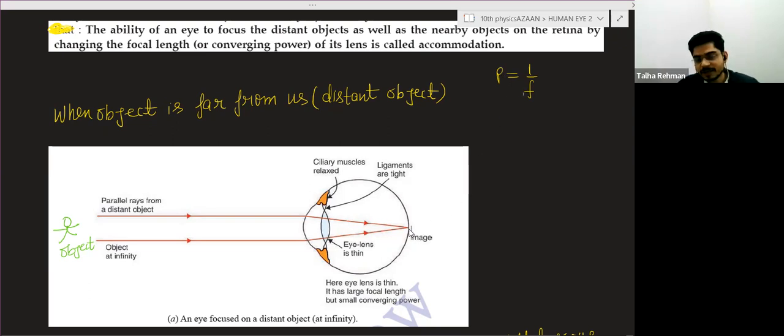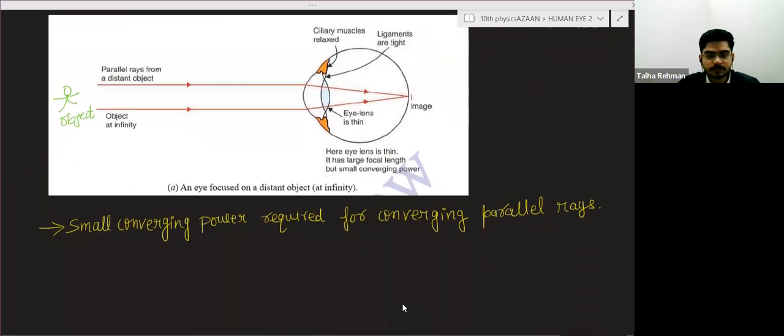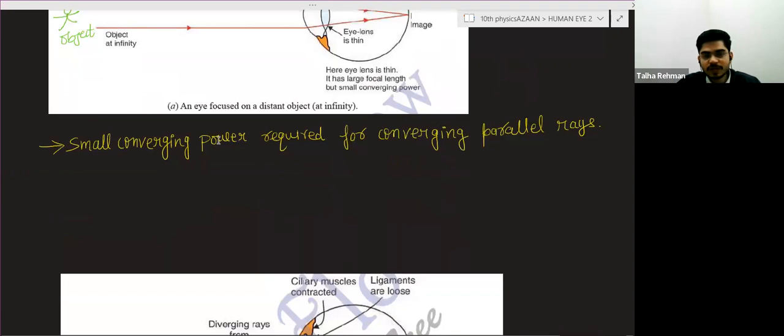In this way the image of the distant object is formed on the retina. Here the eye lens is thin, it has a large focal length but small converging power. So for converging parallel rays, a small converging power is required.